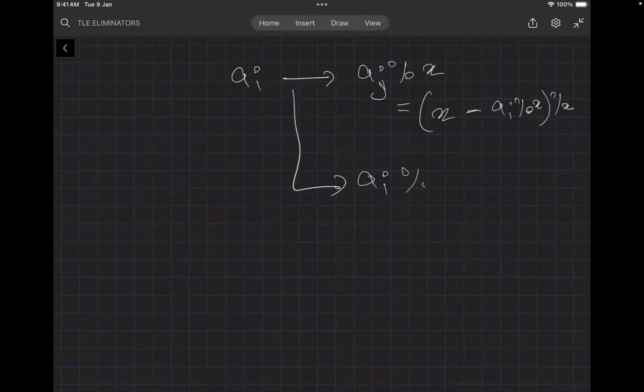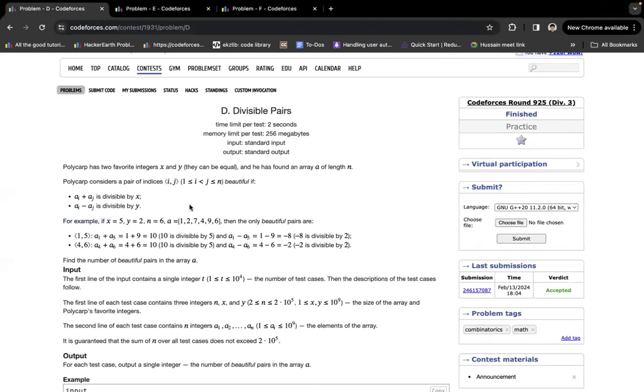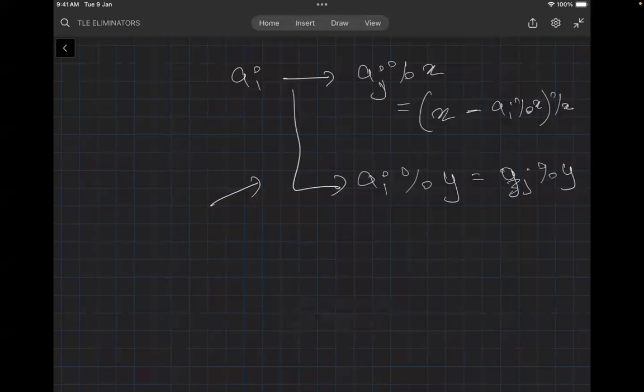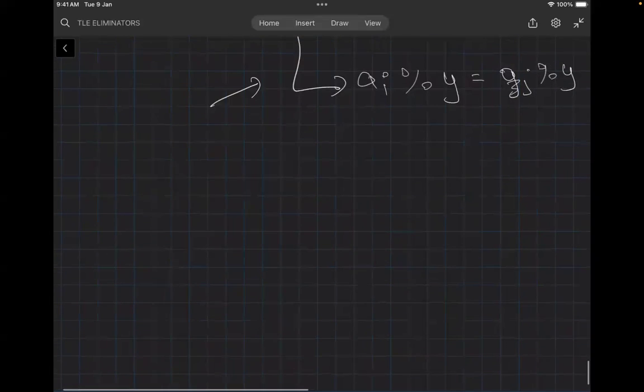AI mod y is equal to AJ mod y. Are these two conditions clear? Tell me, guys. If these two conditions are clear, we can just apply two sum on it.